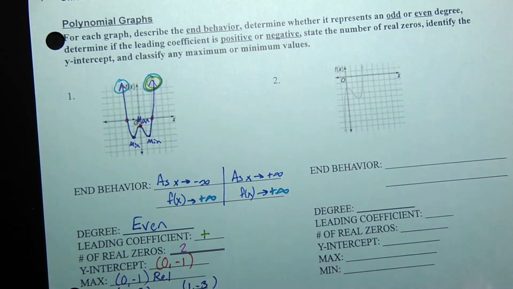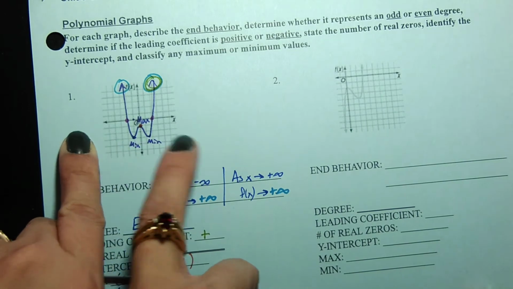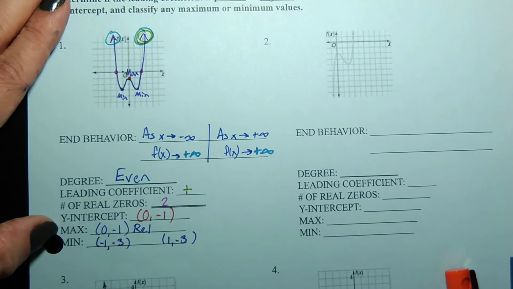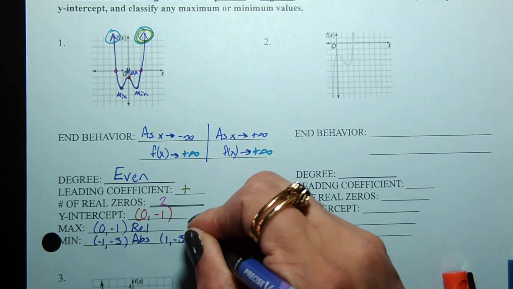Are those going to be absolute or relative? Absolute. These are the lowest points on my graph. Nowhere are we going to get lower than those points. So absolute for both of those.